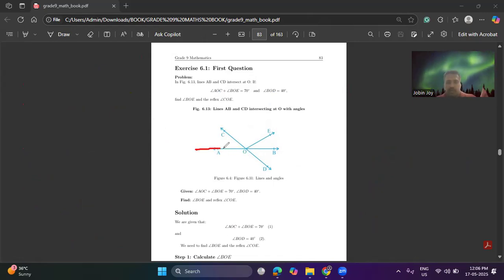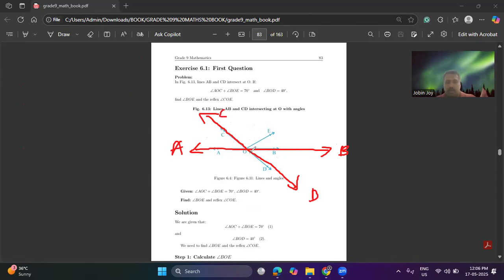There is a line AB, this is our line AB, and this is another line CD intersecting at point O. Then angle AOC, this is angle AOC, plus angle BOE, BOE means this angle, is equal to 70 degree.